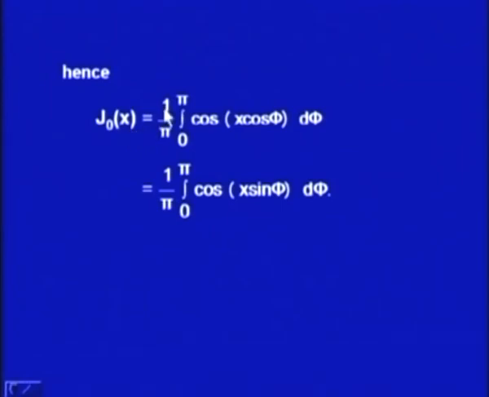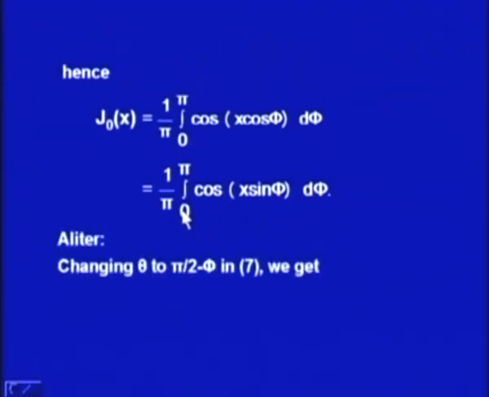One is J naught x equal to 1 over pi integral 0 to pi cos(x cos phi) d phi, another one is J naught x equal to 1 over pi integral 0 to pi cos(x sin phi) d phi.